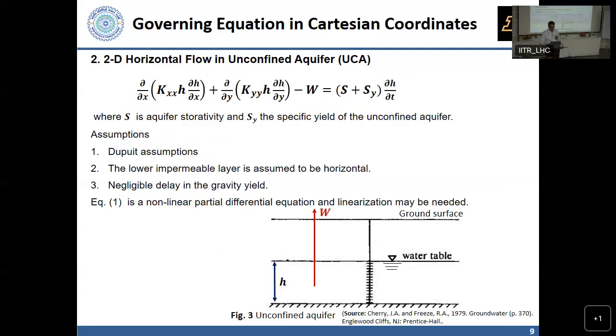So we try to account for that, and we should also be cognizant of the fact that S sub y, the specific yield, which is the amount of water that is going to be released as the water table is lowered, is not always available immediately. So if you think about the total pore space, this was also a question asked about what is effective porosity.